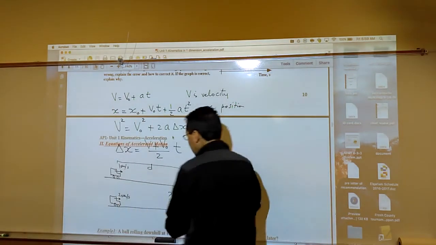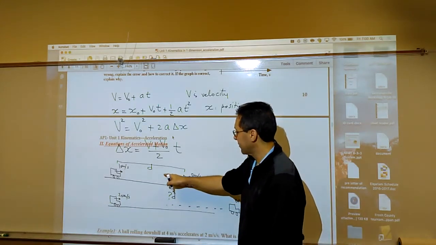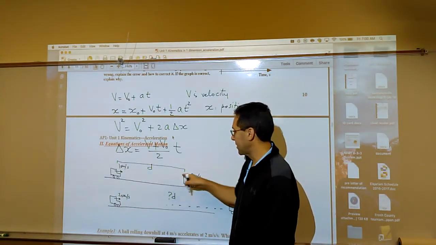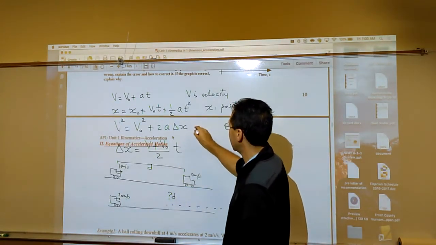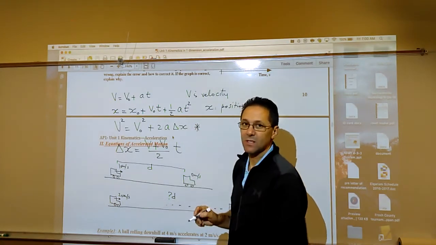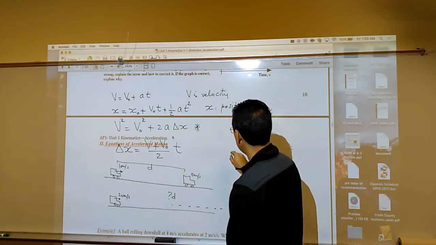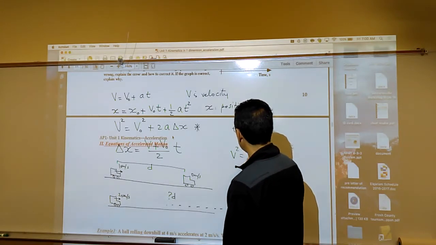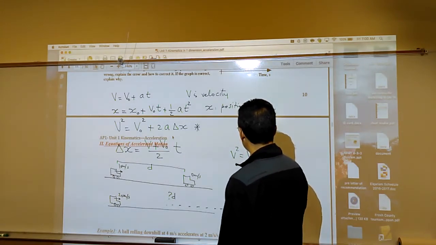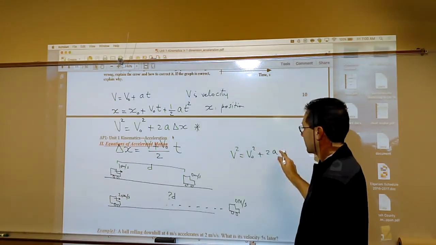Okay. So I'm going to write an expression for my stopping distance here. And the equation I'm going to use is this one here, the one that does not have time in it. So v squared equals v0 squared plus 2a delta x.